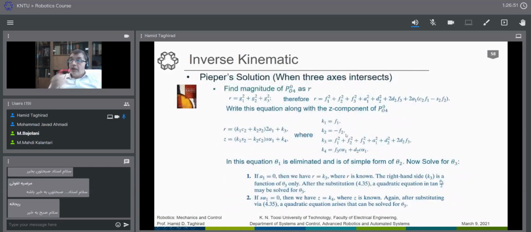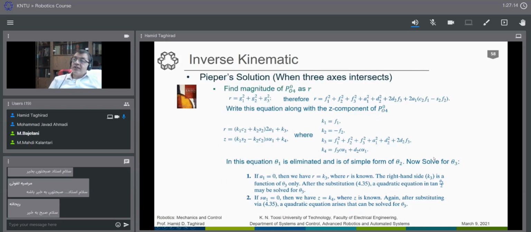Now we eliminate theta 1 and find theta 2, and if we can eliminate theta 2, then we can solve for theta 3. In this equation, theta 1 is eliminated, and it is of a simple form of theta 2.